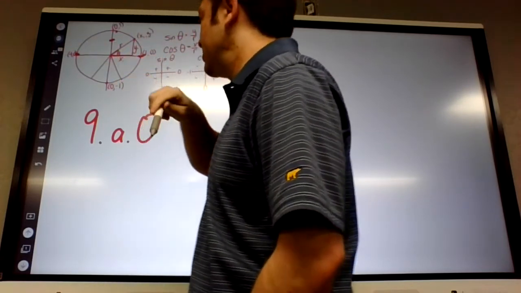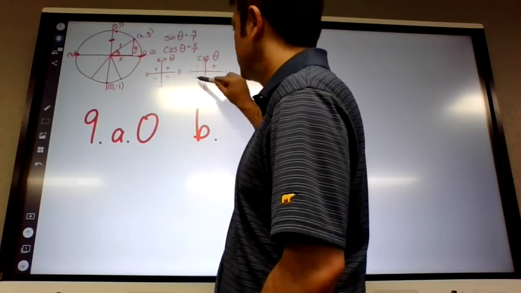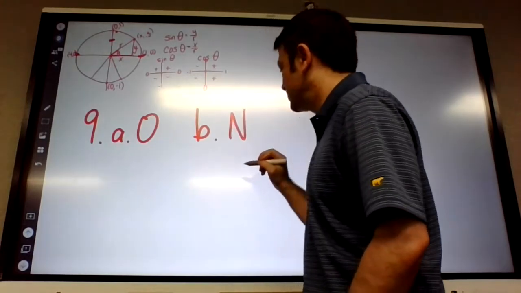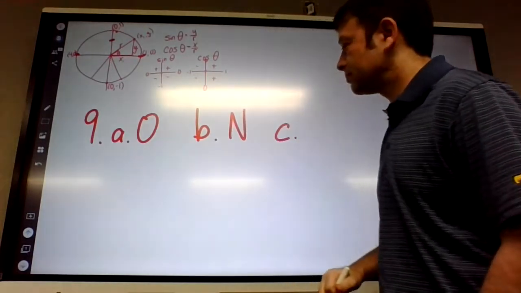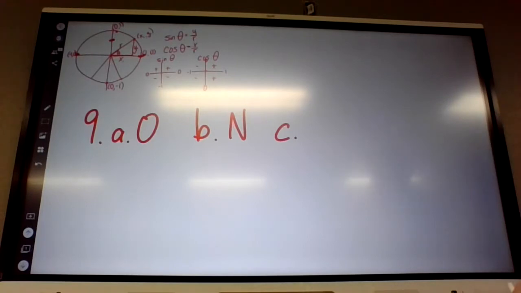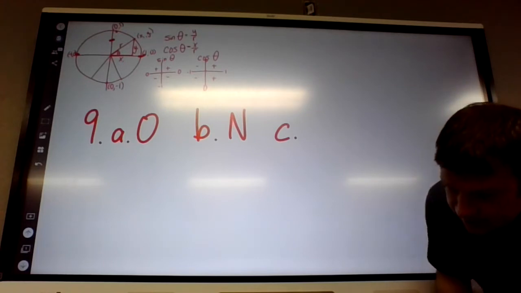Is cosine positive or negative in the 3rd quadrant? Negative. Cosine's based on the x value, which is negative in the 3rd quadrant, so it's going to come out negative.